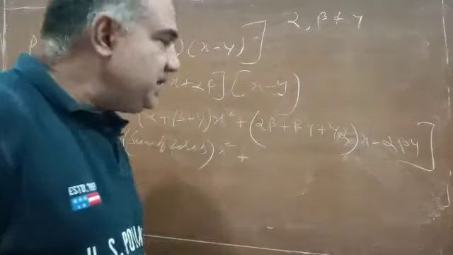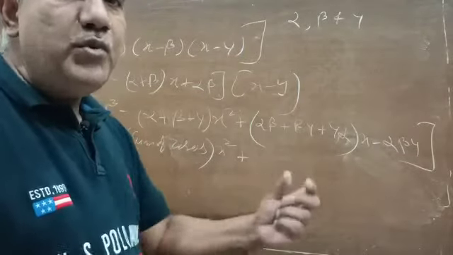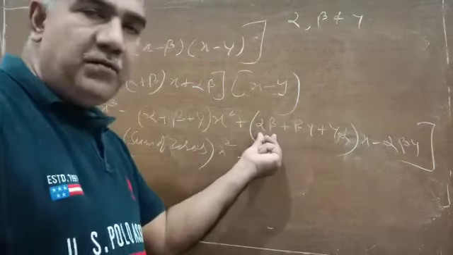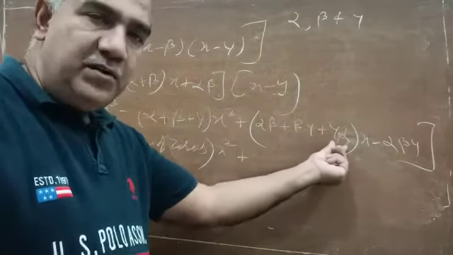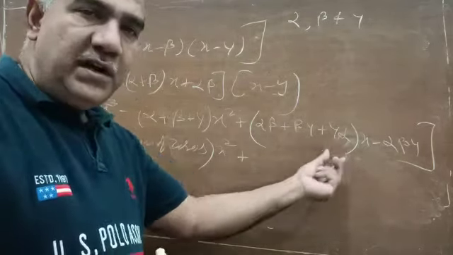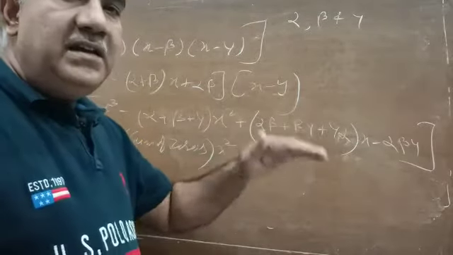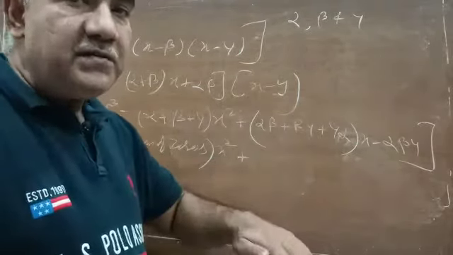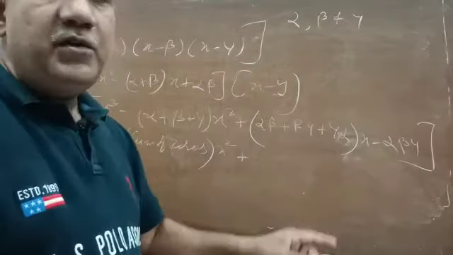If you look at it, this is the sum of the products of the zeros taken two at a time. Out of three we have taken two, again two, again two, and this is the product of two, this is again a product of two, and all together this is a sum. So this term is called the sum of the products of zeros taken two at a time from a cubic polynomial.